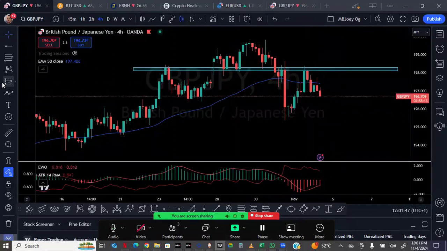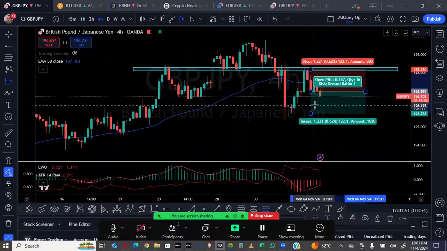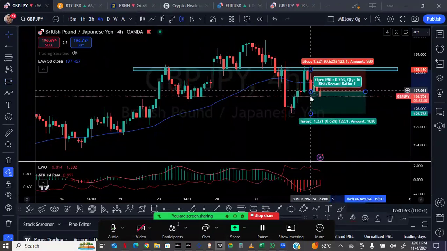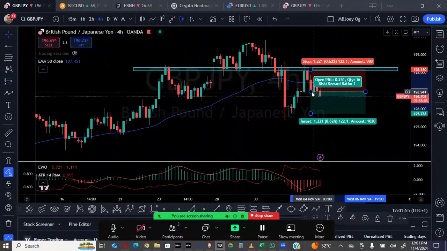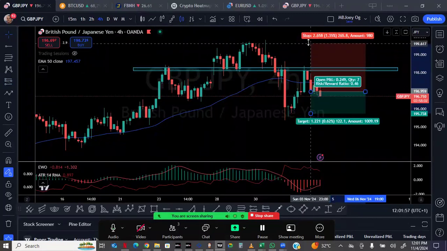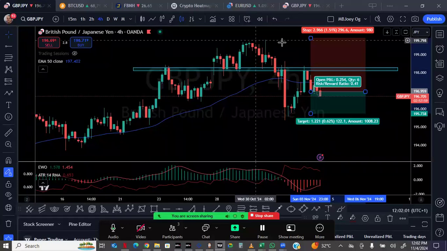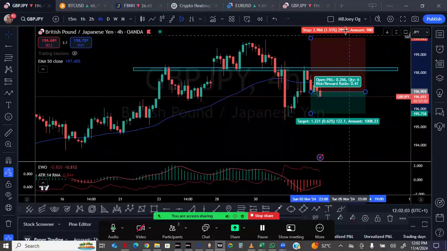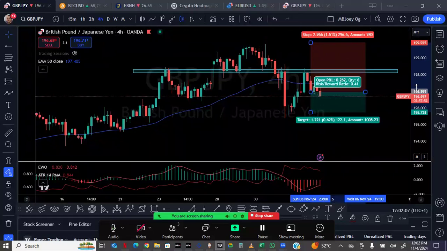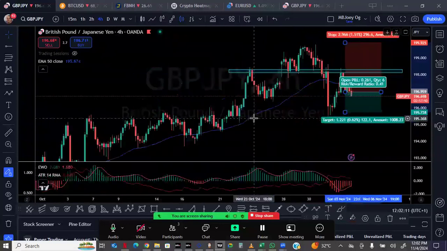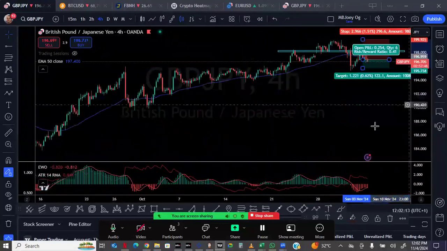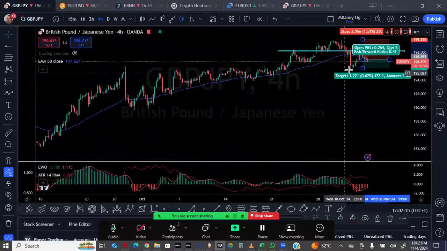All right. So my entry for this particular market will be here. My stop loss still remains the same, above the most recent high. In this case, it is almost 300 pips. And when I'm targeting, we've not done the weekly analysis yet, so we don't have a major target yet.